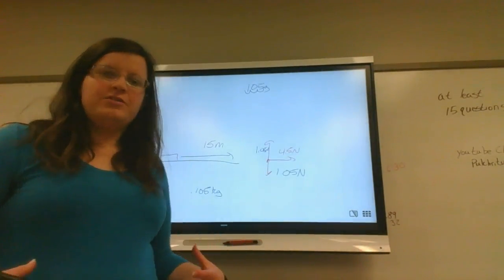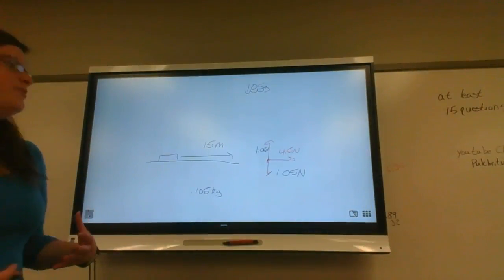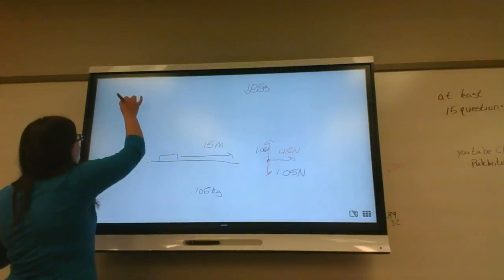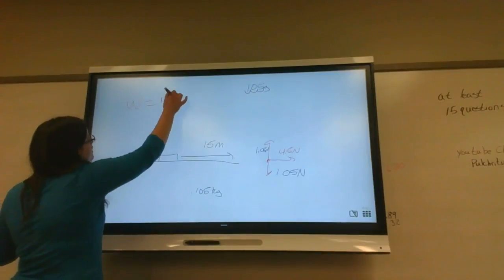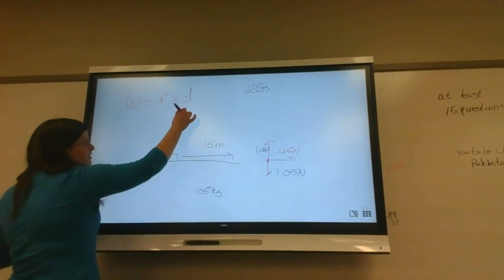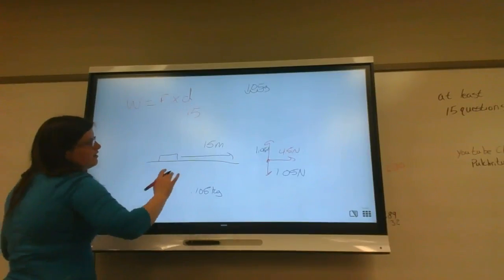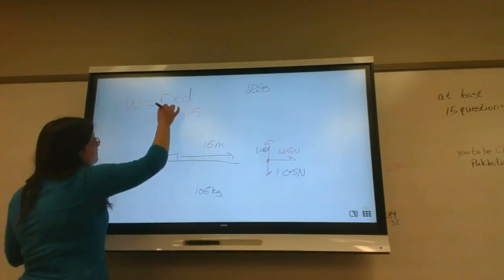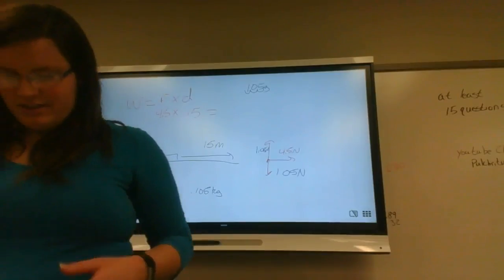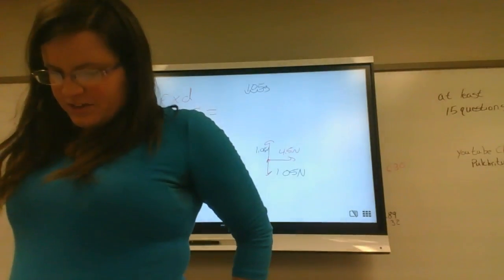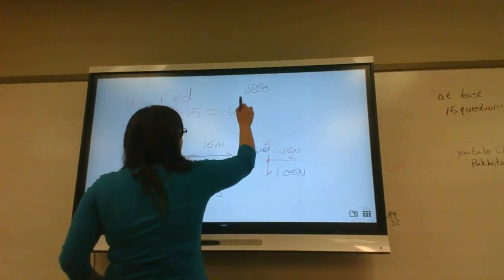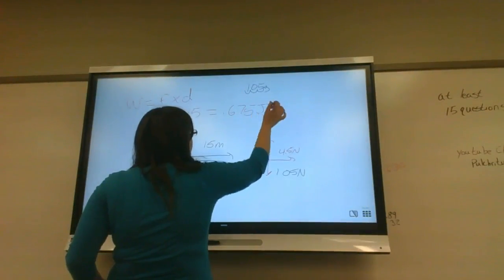So all we have to do now is plug it into the work equation. As I talked about earlier, our work equation is work equals force times distance. Our distance is 0.15. Our force is 4.5. So then our work comes out to be 0.675 joules.